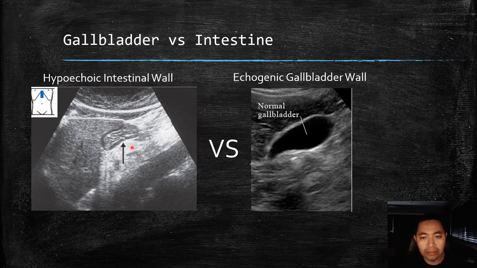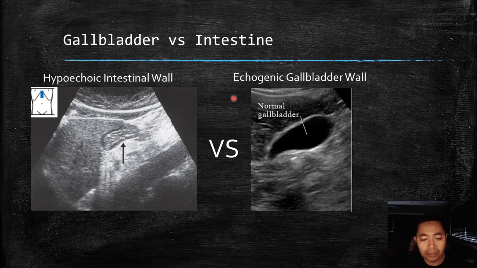Intestinal walls appear hypoechoic and contain an echogenic lumen, in contrast to the gallbladder, which has echogenic walls and an anechoic lumen. The luminal characteristics may be similar in certain pathologic conditions, but the wall characteristics are usually preserved.